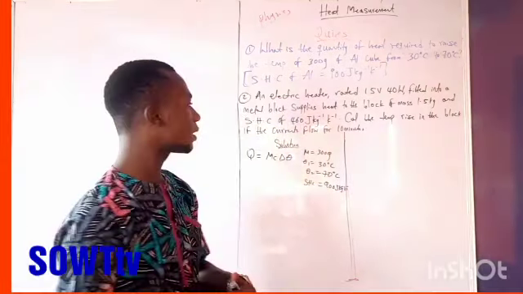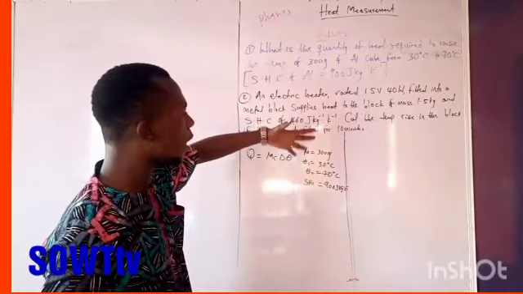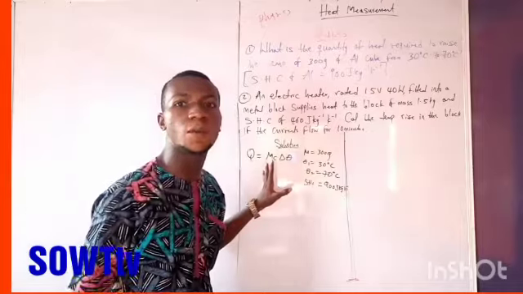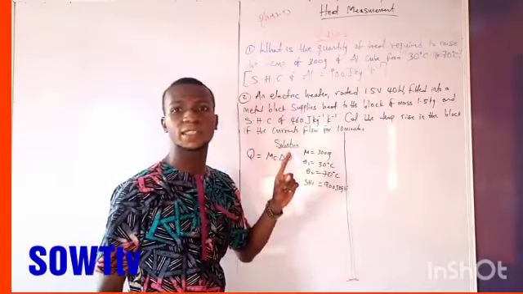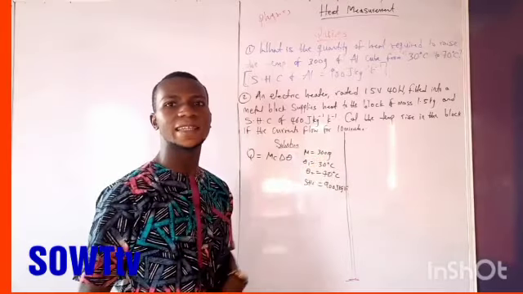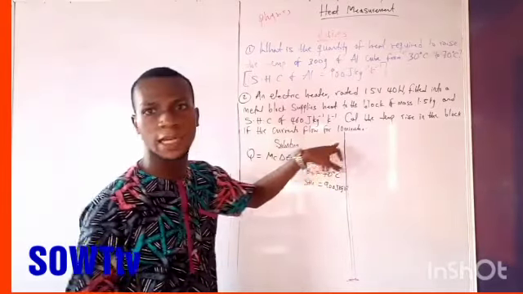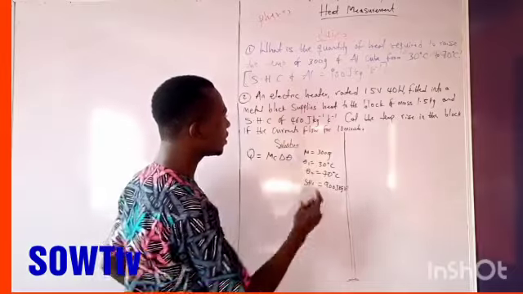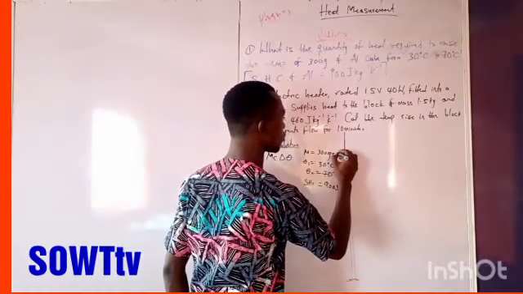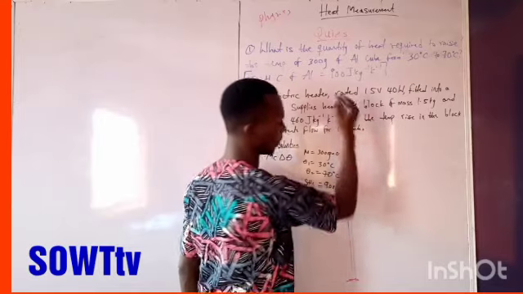So having all this, just substitute all these parameters into the formula given. But one thing we must take note of is that we are given our mass in gram. There is a need for us to change from gram to kilogram. Changing this from gram to kilogram is dividing by 1000. We have it to be equal to 0.3 kilogram.